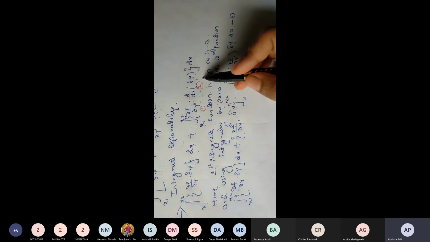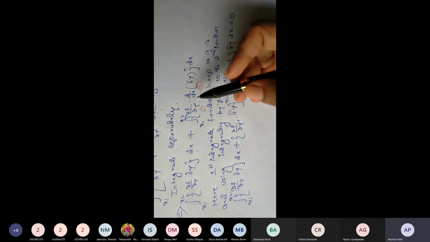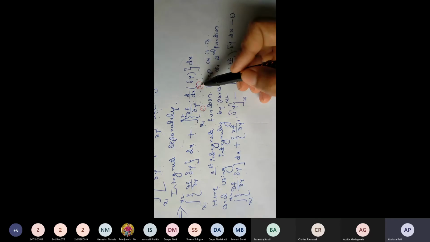I hope you know how to apply Bernoulli's rule, integrating by parts. Now here I have kept the first function as it is, and applying Bernoulli's rule, integrating by parts to the second function. Here this is the first term and this is the second term.